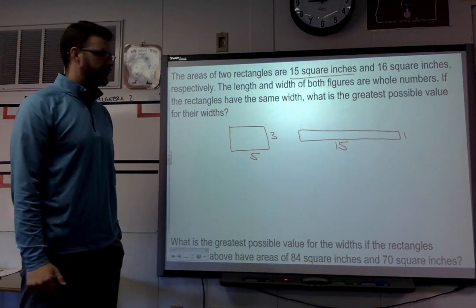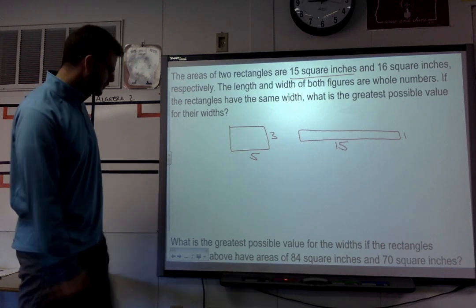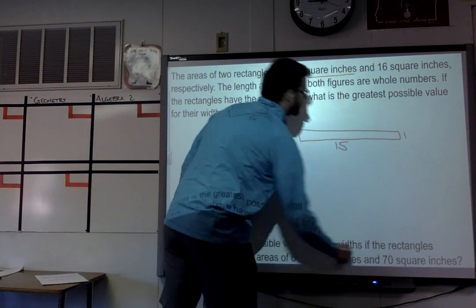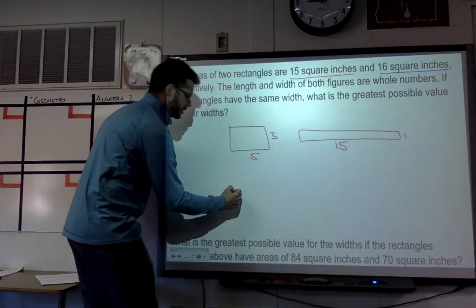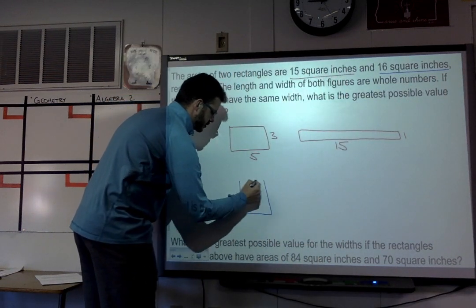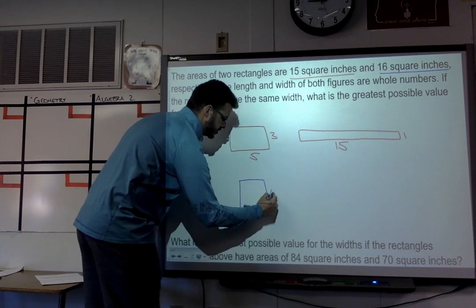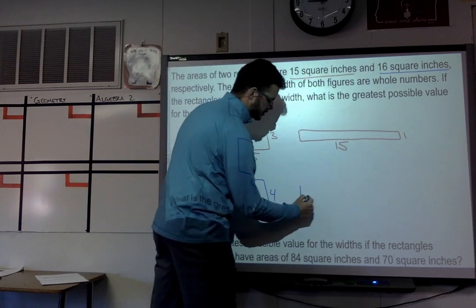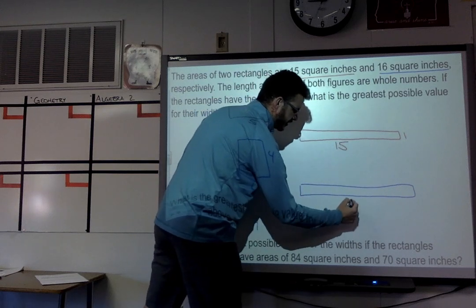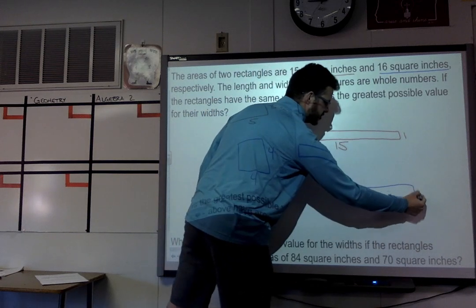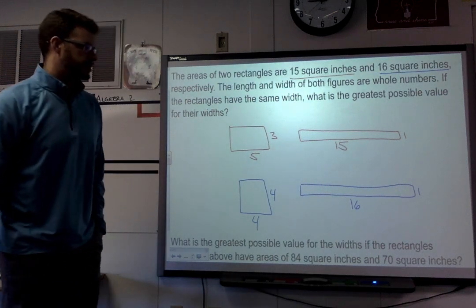Those would be our two possibilities there. For our second rectangle, that's 16 square inches, we could have one that's 4 inches by 4 inches, or our other possibility, not a very good rectangle, but 16 inches by 1 inch.